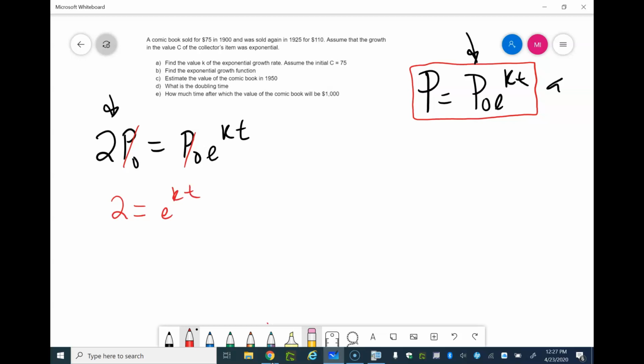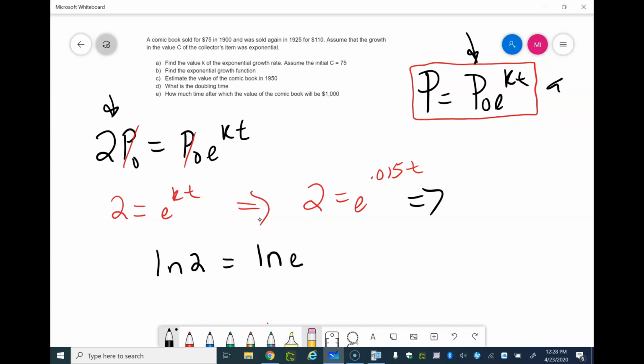And then I already know my K. So I'm going to put it in: 2 is equal to e^(0.015t), and we write the T because we're trying to figure out that double time. So again, to get rid of the E, we're going to take the ln of both sides. So it's going to be the ln of 2 equal to the ln of e raised to 0.015t.